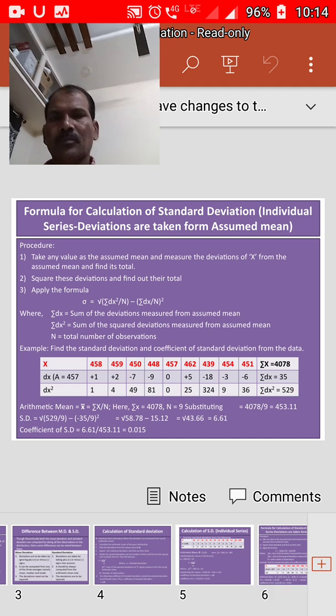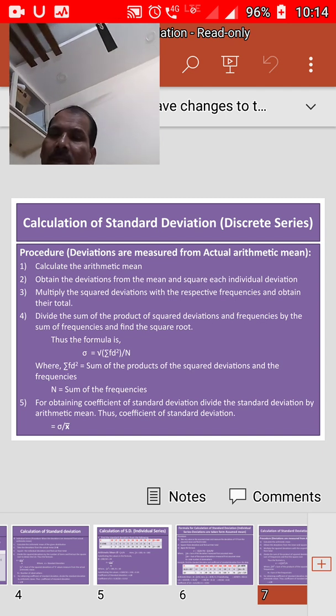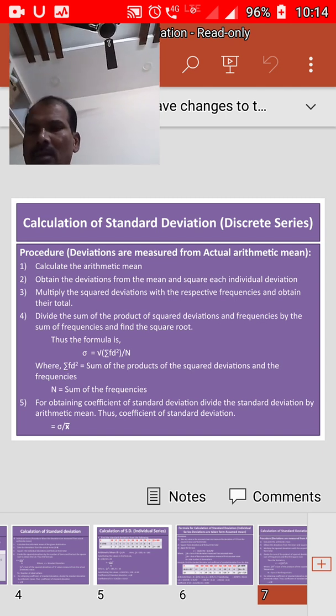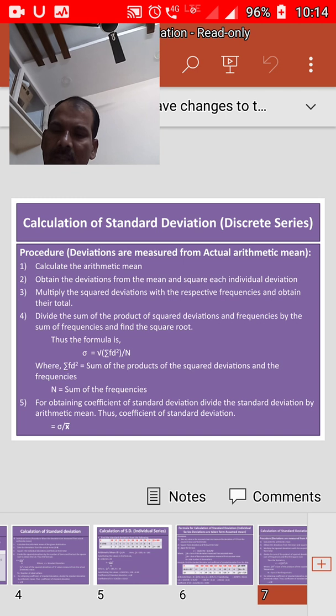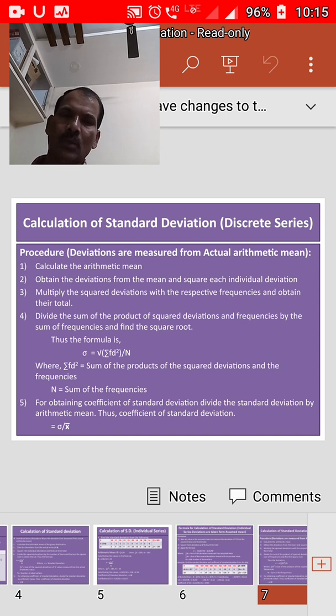Next, we will consider the calculation of standard deviation for a discrete series, when deviations are measured from the actual mean or arithmetic mean. We have a procedure for this, and first we will see the procedure.